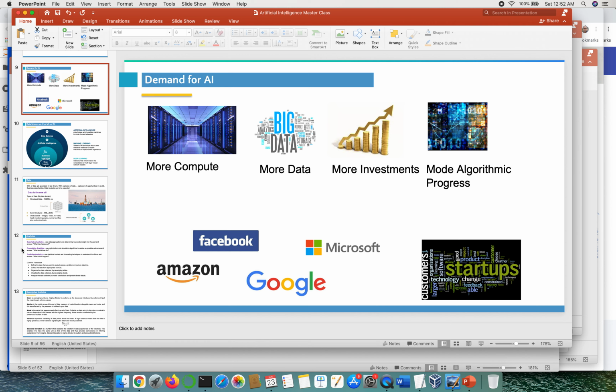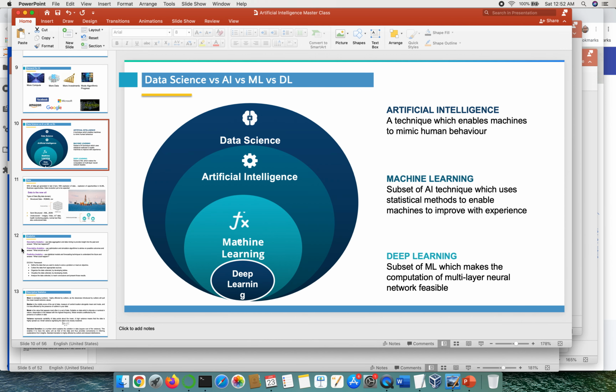How AI will help you, how AI is a part of your day-to-day life today. How machine learning is a part of AI, because we put some algorithmic intelligence into the machine through machine learning. And deep learning is again an AI-based technique. It's an algorithm for AI.